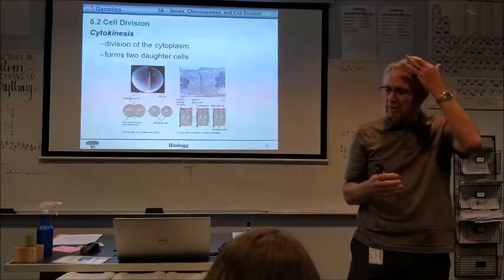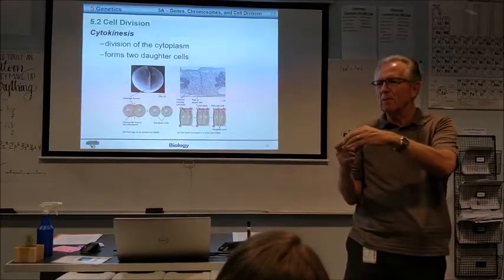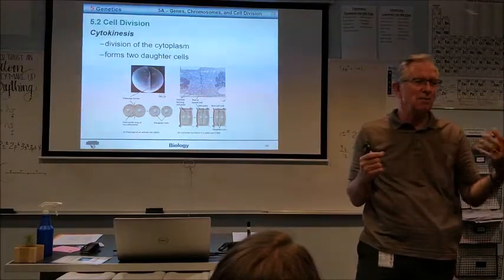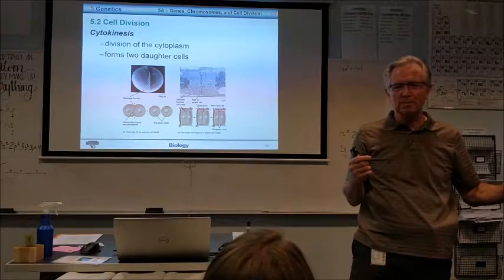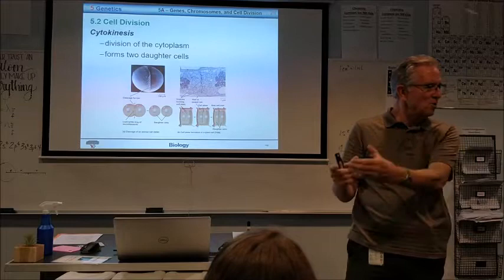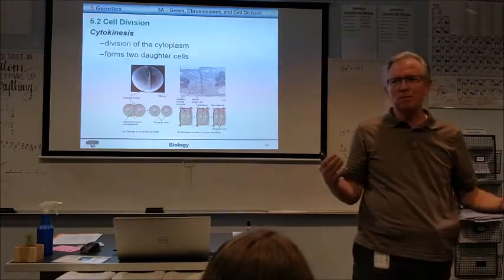I think your book actually shows some pictures where one will actually get all the cytoplasm and the rest of them get very little. Well, these will typically die because they don't have enough cytoplasm to exist. So we put all our eggs in one basket, and these others will die. But there's a reason for that.